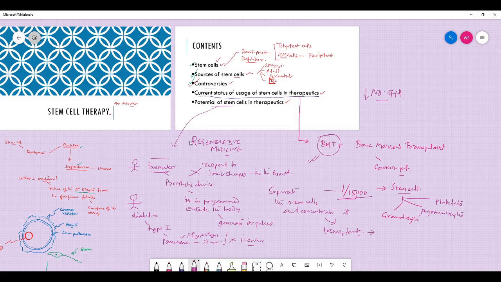So that is the potential, and some of it is experimental. But this is a life-changing area where stem cells can contribute, and it can change the life of so many people. On that positive note about stem cells, let us stop our lecture here.